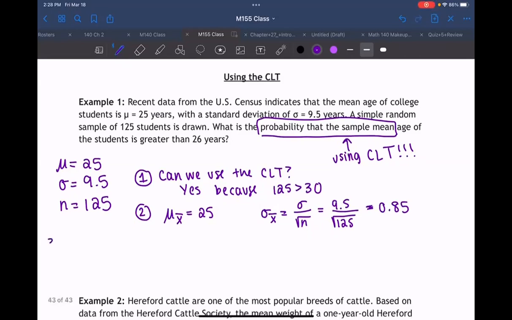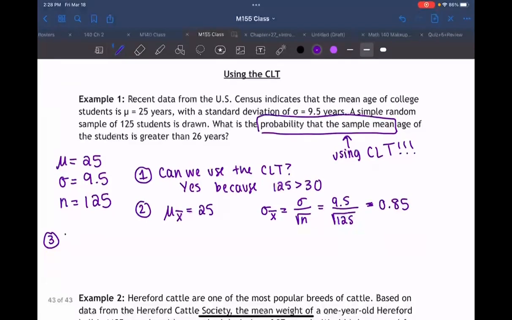Step three. Let's just figure out what this problem is even asking us. We want to find the probability that the sample mean, or x bar, is greater than 26. So this is definitely a greater than question. It's not a less than question.